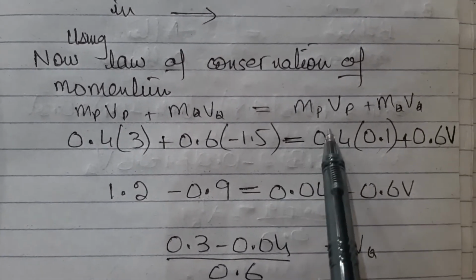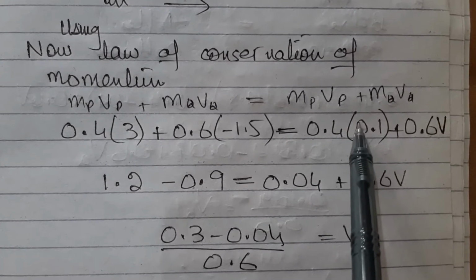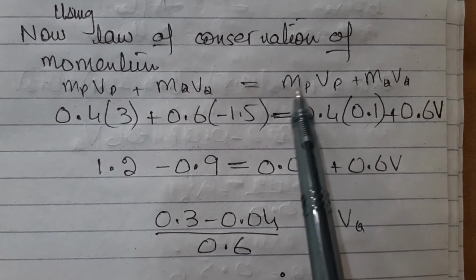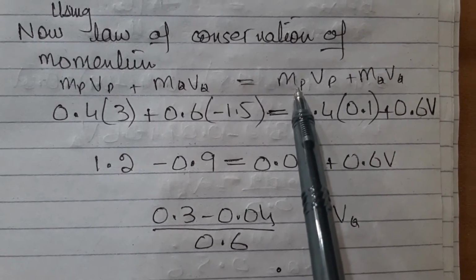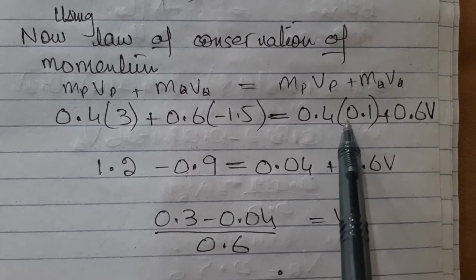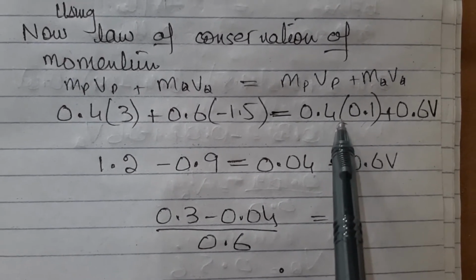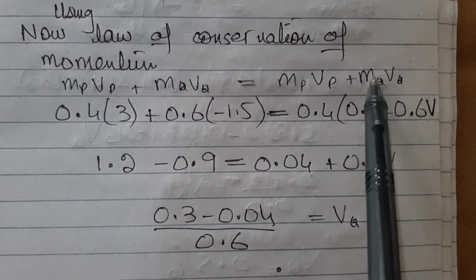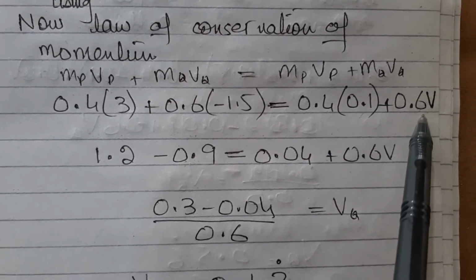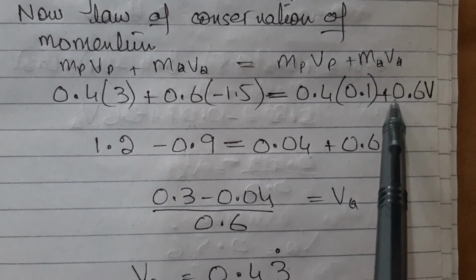And this is equal to the momentum of bodies P and Q after the collision. P's mass is 0.4, but speed is reduced. It was given in the question, the velocity of P reduced to 0.1. And the velocity of Q we have to find out. So we are writing it V, and mass is 0.6.